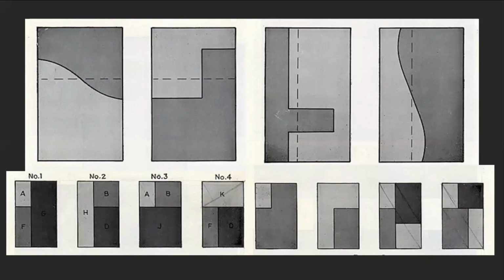The area of different shapes on the picture plane, though, can still correspond in relation of 1 to 1.618 without falling along those division lines. Along the bottom, you can see different ways that the picture plane can be broken up along these division breaks as well.